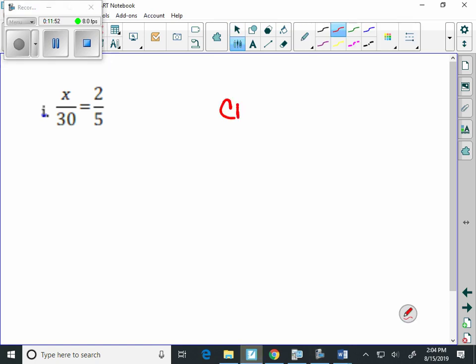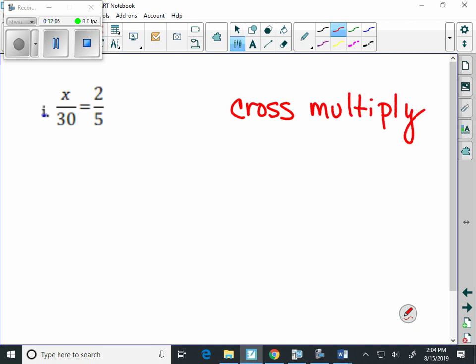And what I'm going to do for our final examples is I'm going to cross multiply. And what happens when we cross multiply is we multiply these two values together, and we multiply those two values together.